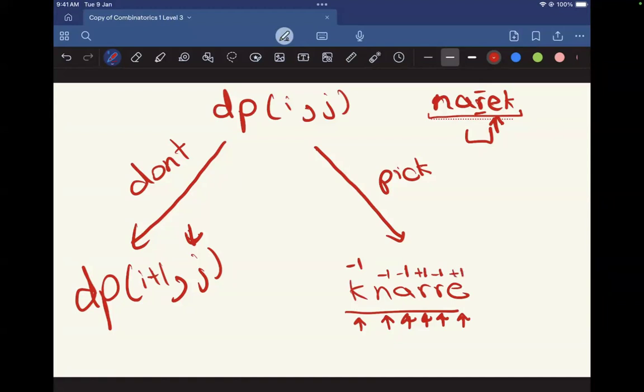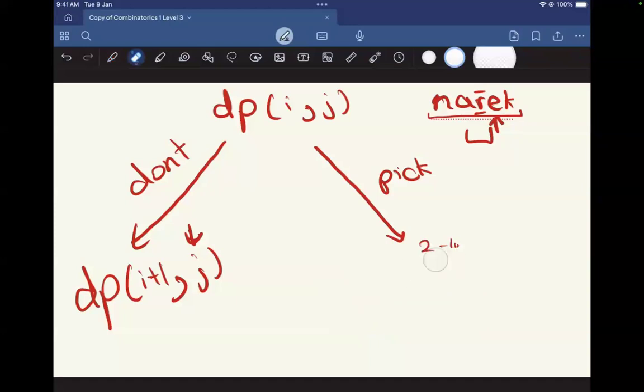So this is minus 1 four times and plus 1 two times. So you can see that my answer here, for this temporary string, is 2 minus 4, correct? I have chosen this string, so 2 minus 4 got added to my answer.